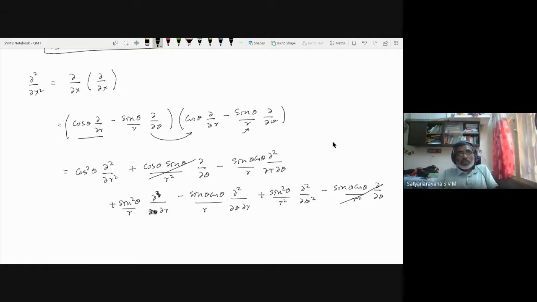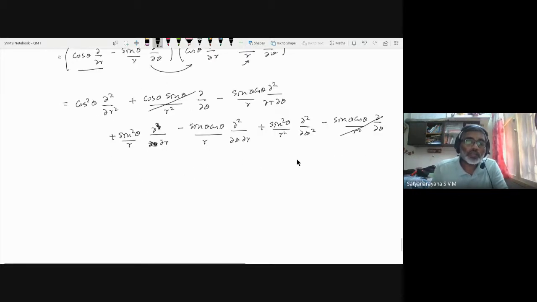Is there a sign change in this ∂²/∂r∂θ? Let us say this is minus cos θ sin θ by r ∂²/∂r∂θ. Okay, then you have sin²θ minus sin θ cos θ by r ∂²/∂θ². Okay, so I think we have it.